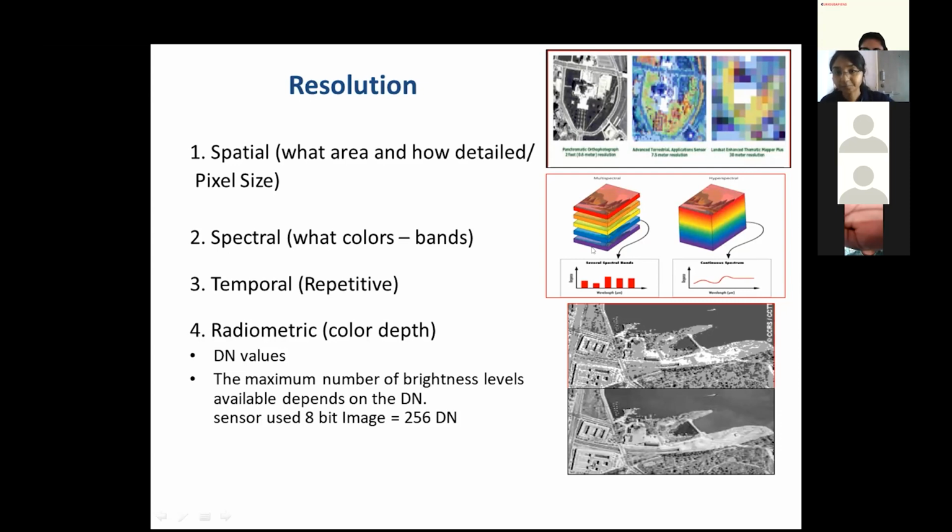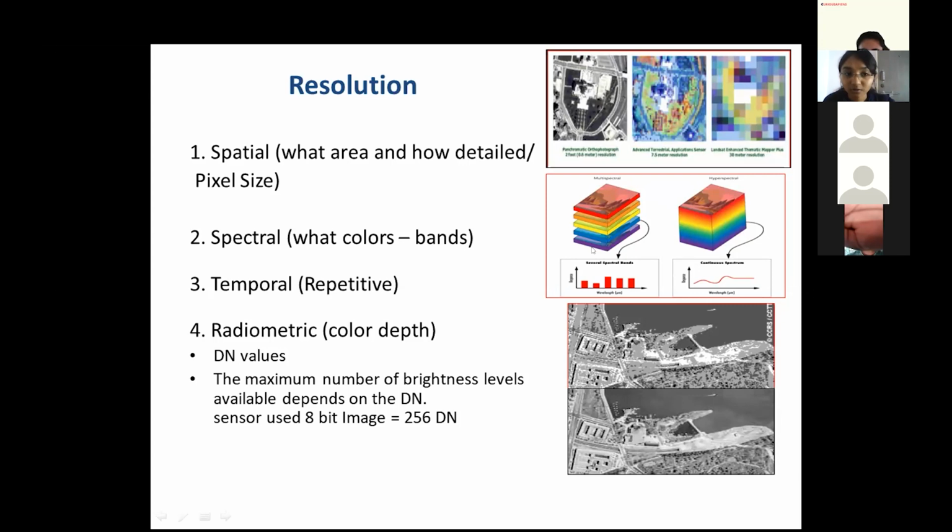Otherwise, multispectral is good for broad analysis, such as identifying a water body and distinguishing it from barren land, vegetation land and urban land, right? So this is the importance of spectral resolution in remote sensing images.